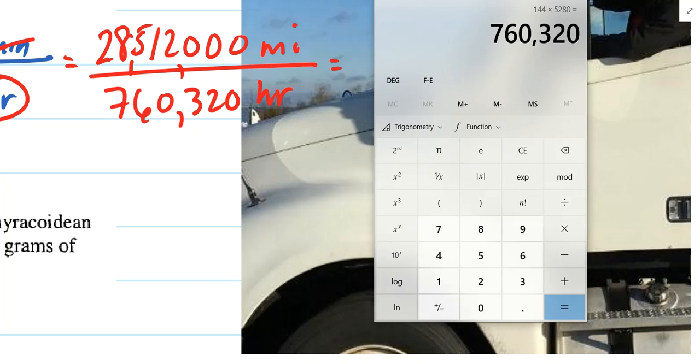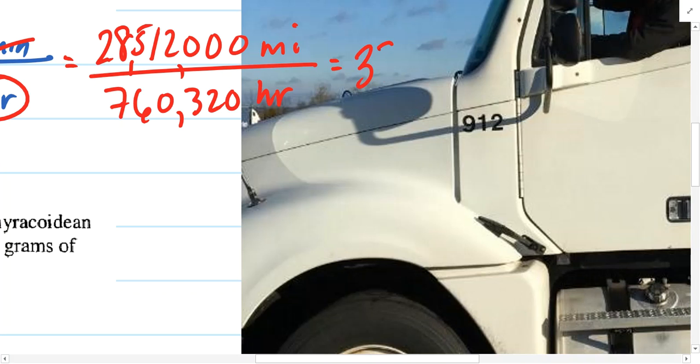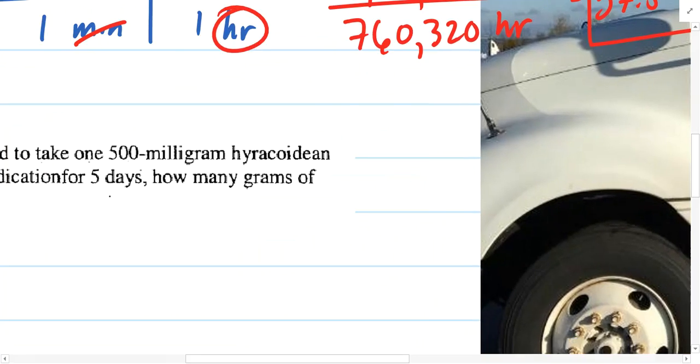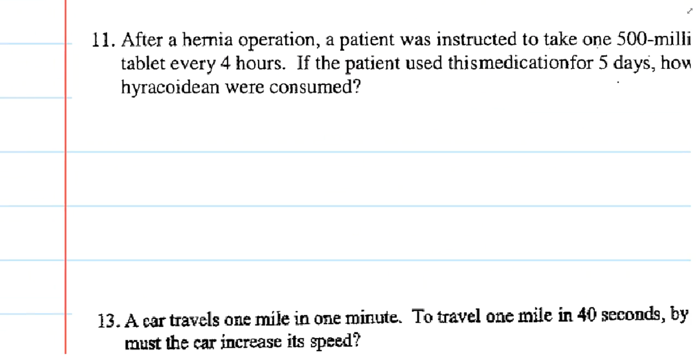That doesn't mean a whole lot to us, so we go ahead and do the final division. 28,512,000 divided by 760,320. And after we do that division, that looks like it's 37.5 miles per hour. And that to me seems pretty quick. So let's go ahead and try our next problem here.